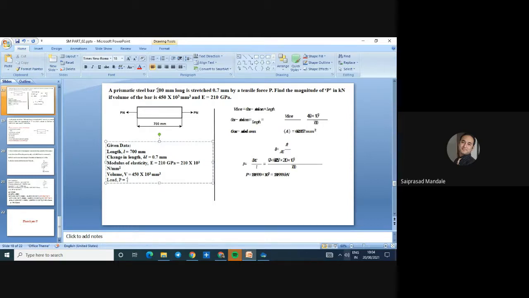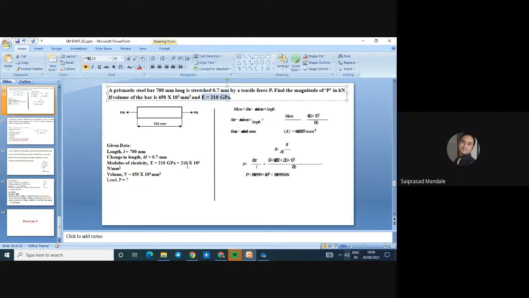You are familiar with the 700 mm, the stretch, the P, and the 450 into 10 cube mm cube, but you are not familiar with E equal to 210 GPa. When there is a term GPa, you multiply by 10 cube so that it turns into MPa.